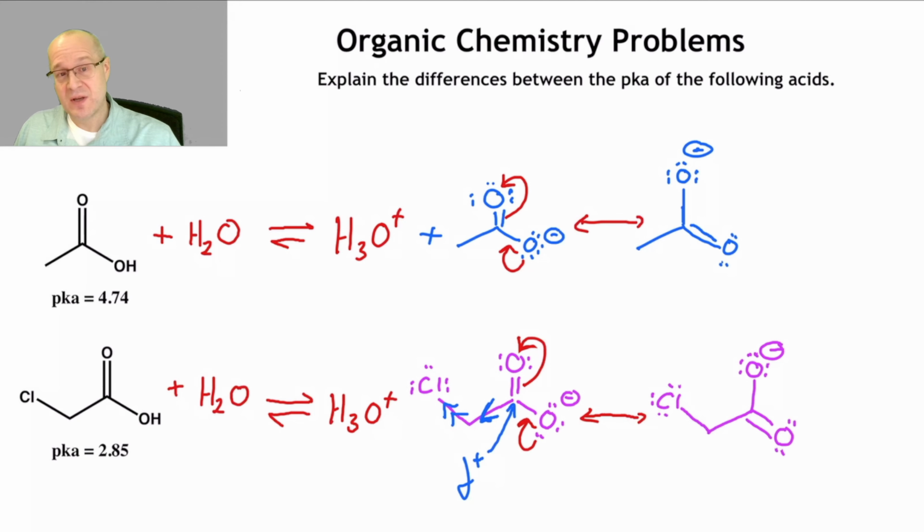Okay, so here's an example of the inductive effect stabilizing a base because this carbon starts to pull electron density towards itself, making these oxygens less negative, less attractive to a plus charge. All right, again, guys, it's a very long explanation because it's very abstract, but it's something that you can consider. Let your mind marinate on it, let your mind wrap around it a little bit, and it's really not that difficult to contemplate.